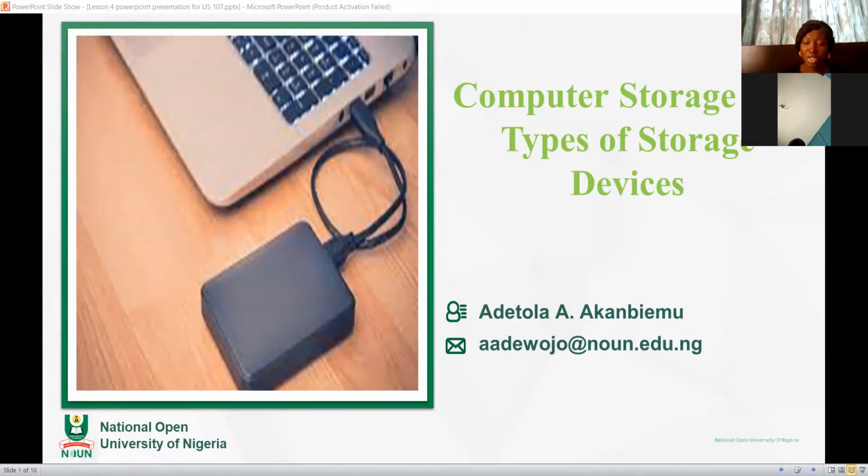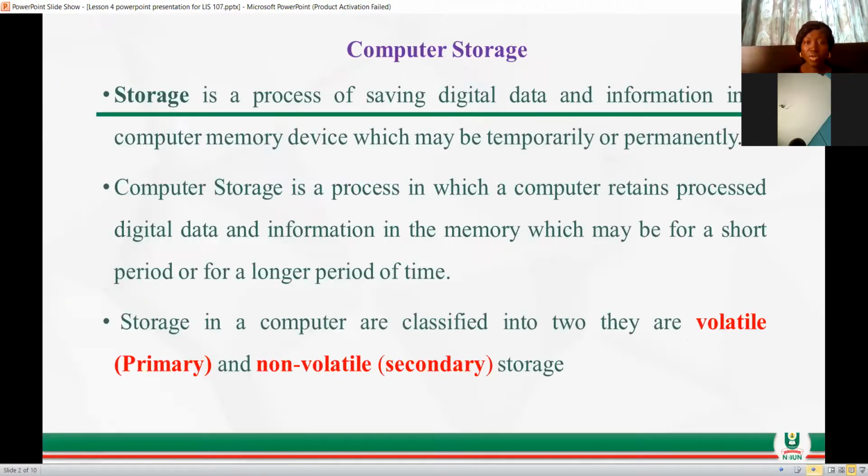So computer storage is talking about a process whereby you're able to keep information either temporarily or permanently. Even in your house, there are some things you buy, you keep them for a long time, and there are some things you buy, you keep them for a short time. There are some things that you can't keep for a long time, it would spoil.